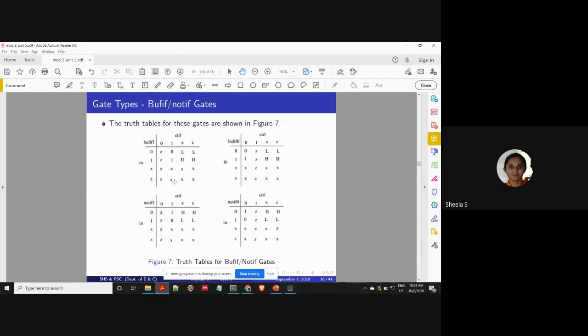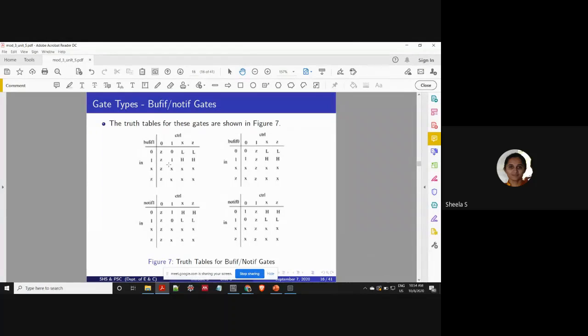It cannot be Z. But when the control is 0, in the truth table you can see the output as Z. What it indicates is, it will inactivate the device. If the device is inactivated, it is not considered. Even though it is present in the circuit, it is not considered for processing.